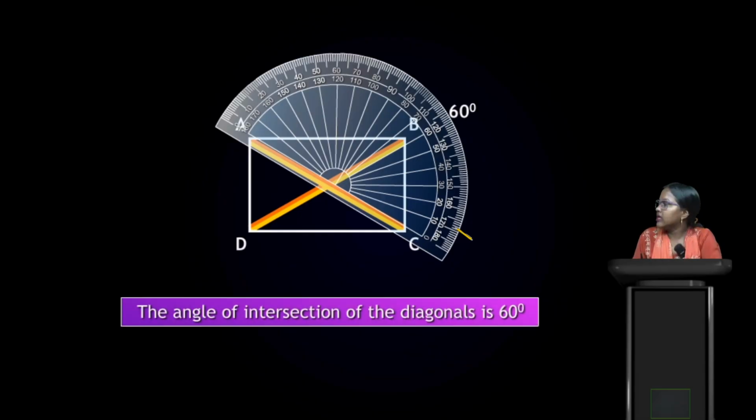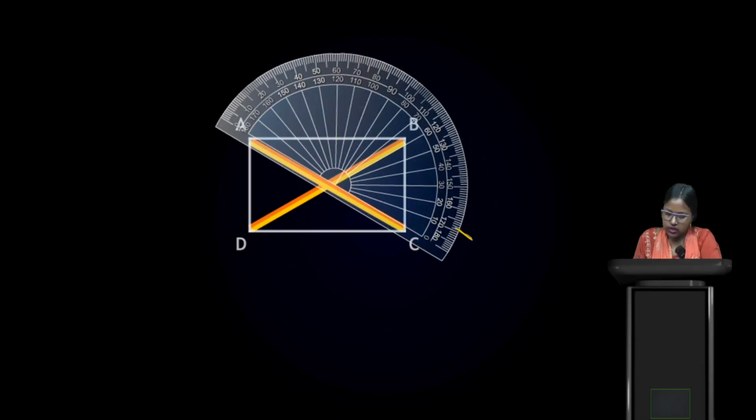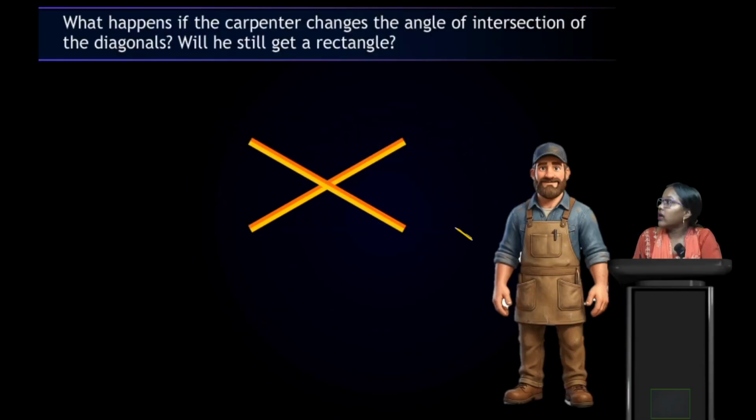The angle of intersection of the diagonals is 60 degrees. What happens if the carpenter changes the angle of intersection of the diagonals? Will he still get a rectangle? So again they are asking, what will happen if he changes this angle?